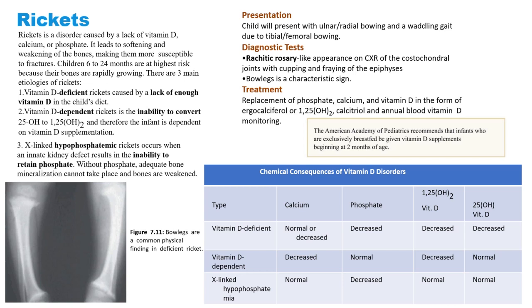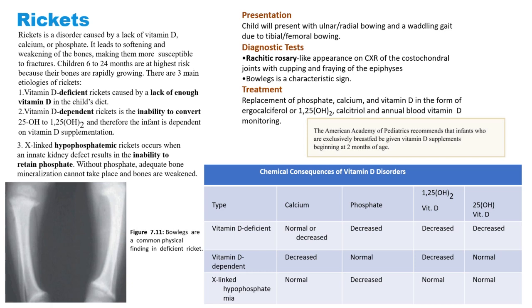There are three main etiologies of rickets. Number one, vitamin D deficient rickets, which is caused by a lack of enough vitamin D in the child's diet. Number two, vitamin D dependent rickets, when the child is not able to convert 25-OH to 1,25-OH2, and therefore the infant is dependent on vitamin D supplementation.